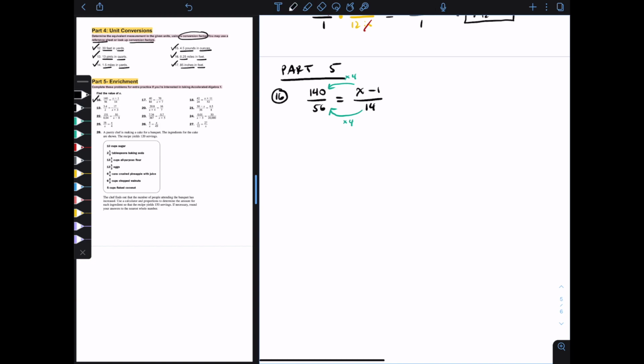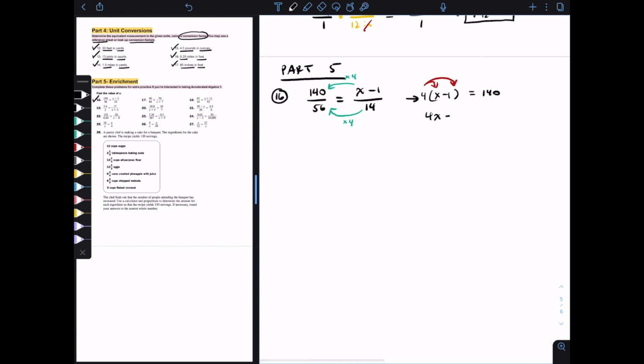So if the bottoms match, then you take the x minus 1 and you multiply that by 4, that equals 140, right? If 14 times 4 is equal to 56 on the bottom, then 4 times the quantity of x minus 1 does equal 140. So using a little bit of distributive property here, this is one way we can do it.